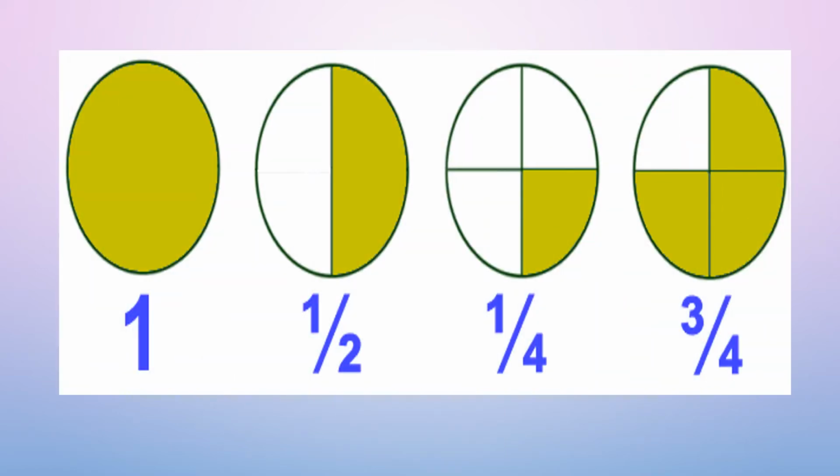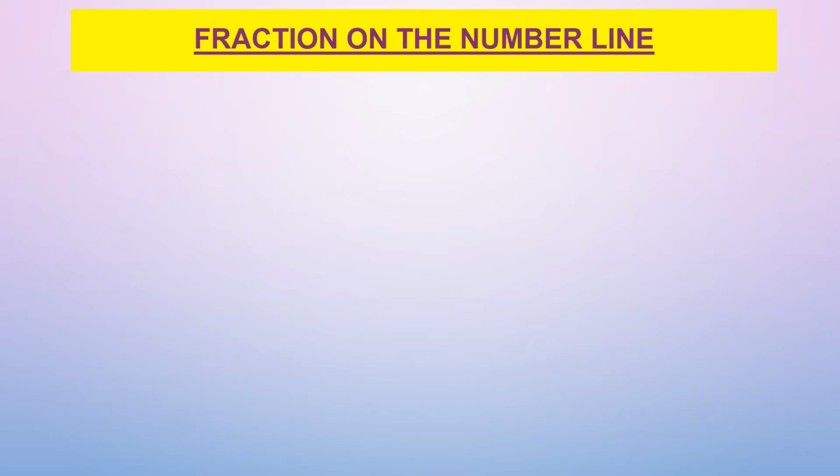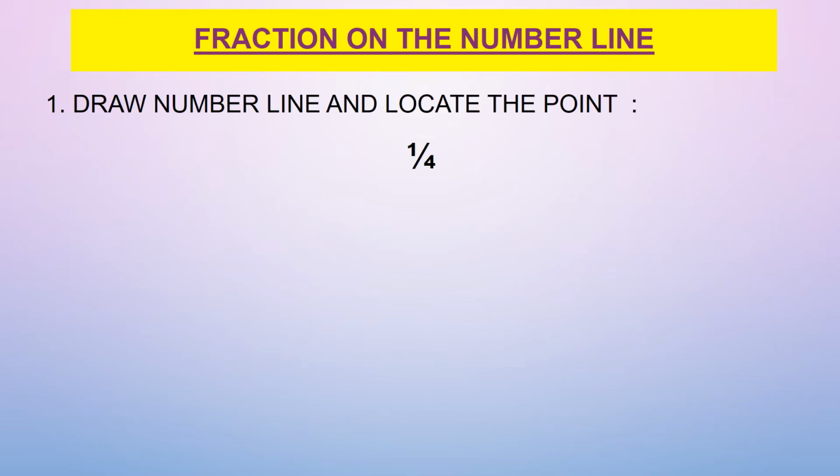Some pictorial representation of fractions. Fractions on the number line. We represent whole numbers and integers on the number line. Similarly, we represent fractions on the number line as well. Draw a number line and locate the point 1 upon 4.